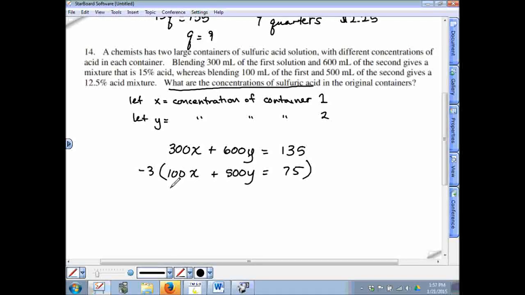That's going to let X cancel out. That makes -1500 plus 600, that's -900 Y. And then -75 times 3 is -225. And then if you add that to 135, you're going to get -90.